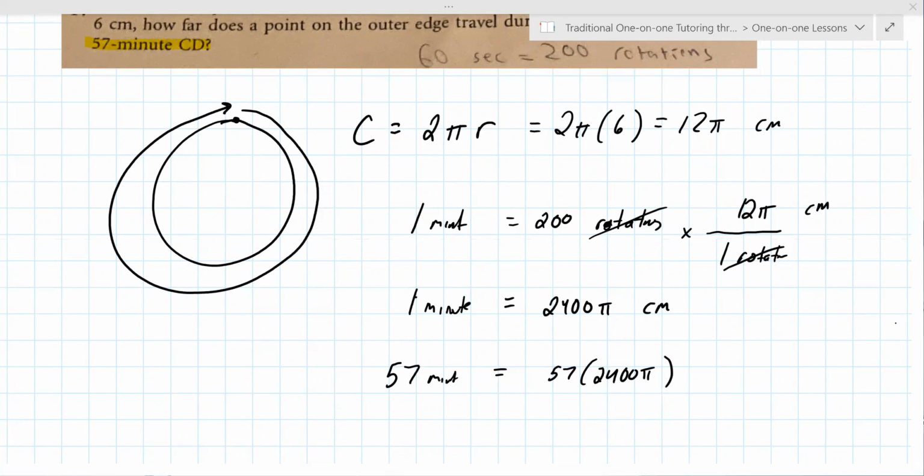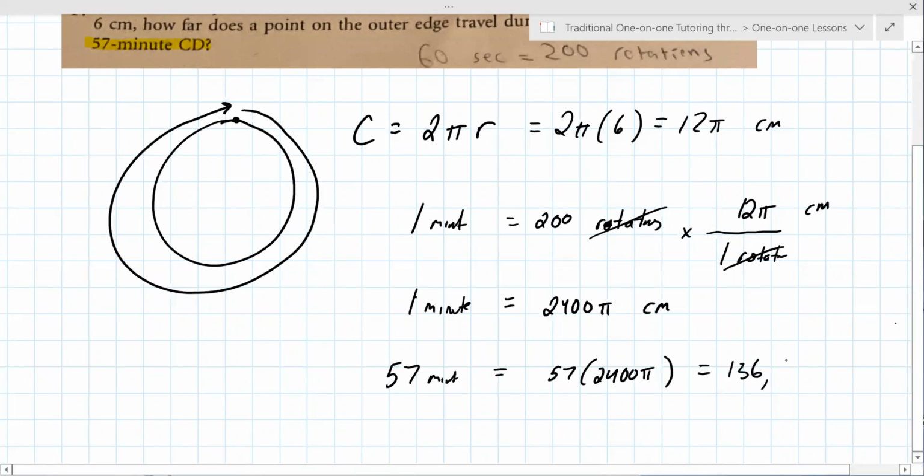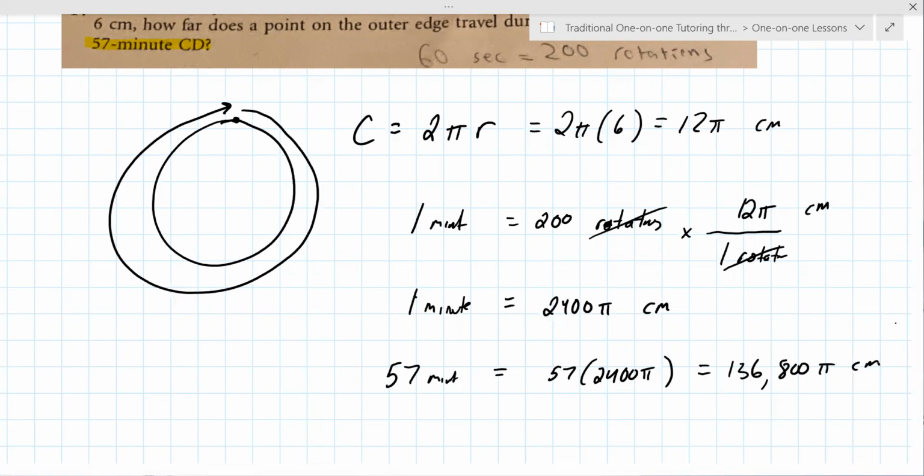Absolutely, I've got one here too. So the exact answer is 136,800 pi centimeters. Okay, so that's the total distance it's traveling for those 57 minutes.